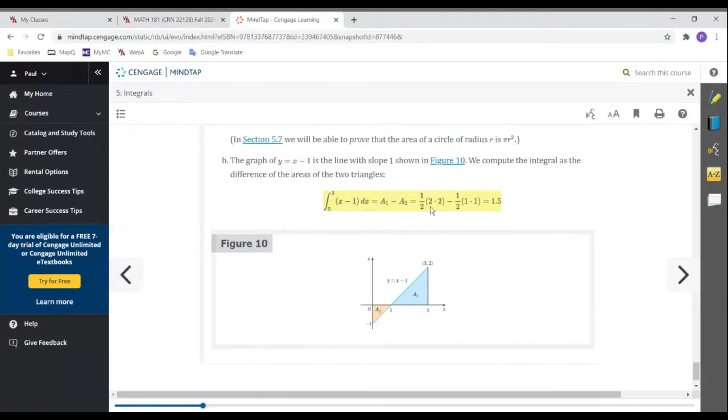A1 appears to be the area of a triangle. That's right, Kelvin. So 1/2 base times height. For A1, the base is 2, the height is 2. For A2, the second triangle, the base is 1 and the height is 1. And so you get negative 1.5, or positive 1.5.